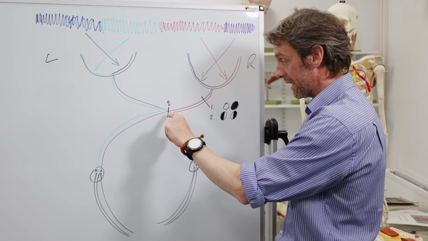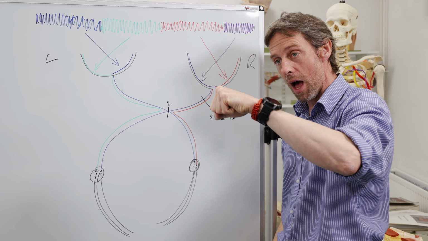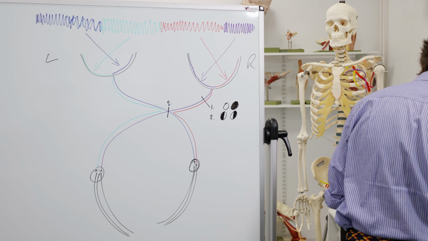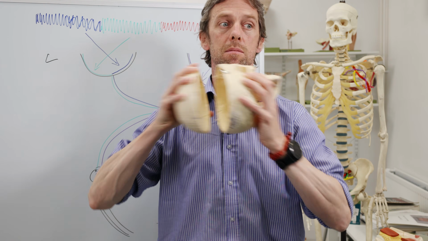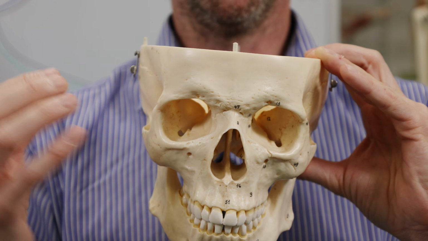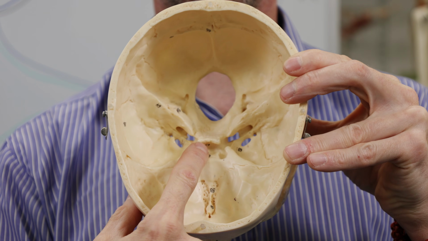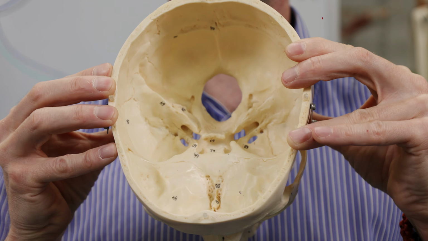Now the reason this is interesting is because, as I said, the optic chiasm lies superior to the pituitary gland. So if we grab our skull, take the calvarium off, so there's the orbits. Inside the skull, this here, that depression in there, that's where the pituitary gland lives.